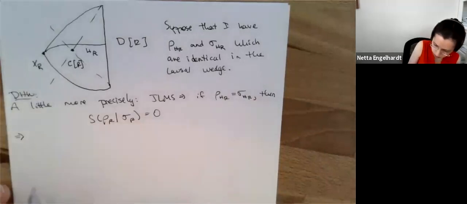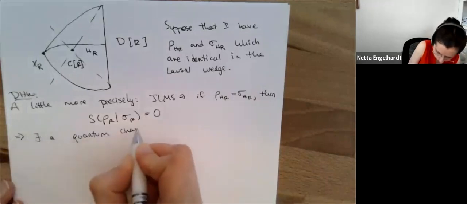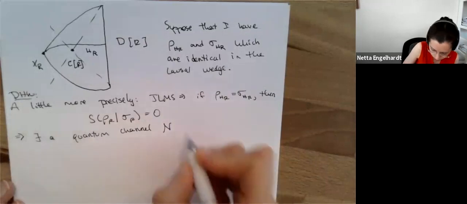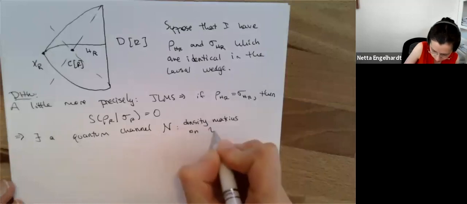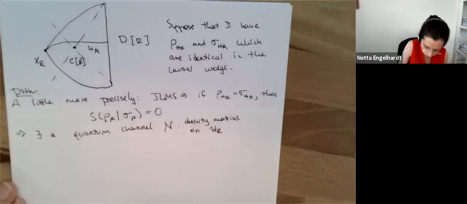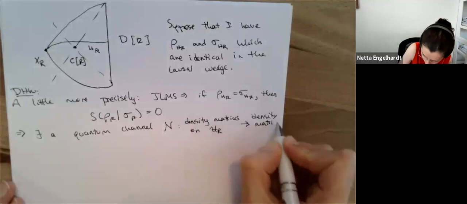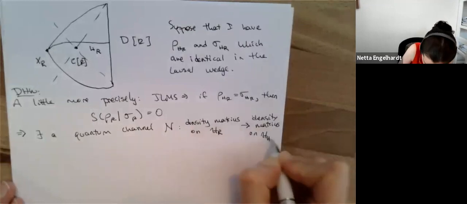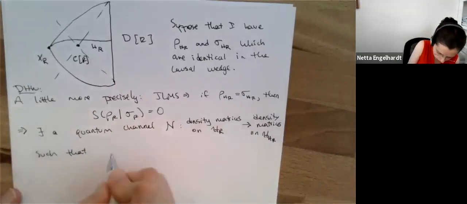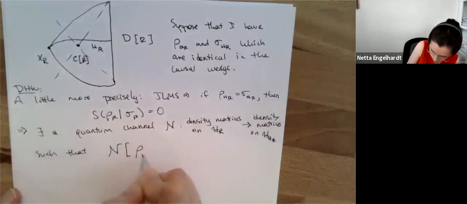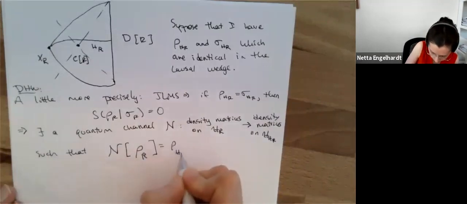You can show that there exists a quantum channel, let's call it N, from density matrices on the Hilbert space of the boundary subregion, the boundary Hilbert space, to density matrices on the bulk space, such that this channel acting on rho R is going to be equal to rho HR.